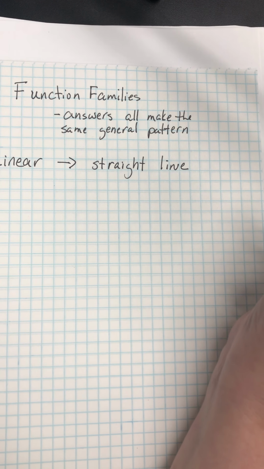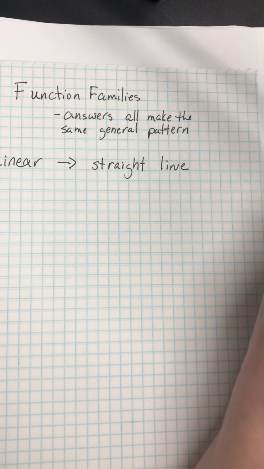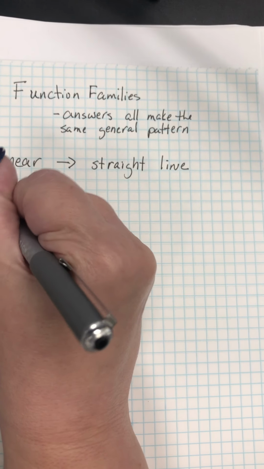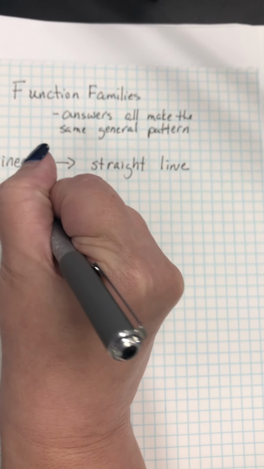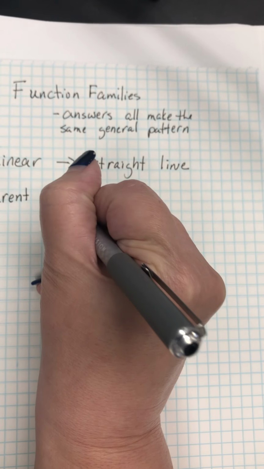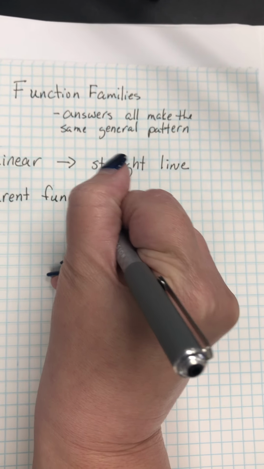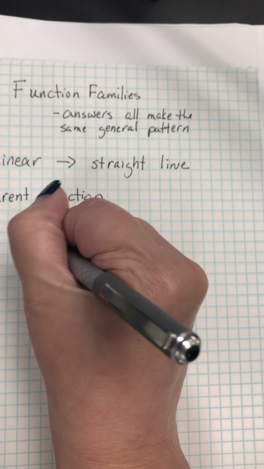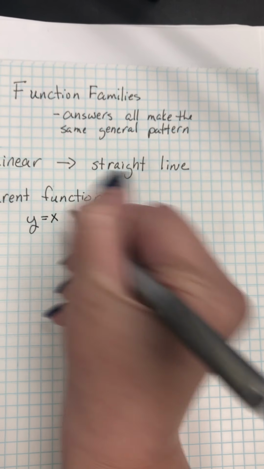When we talk about function families, we often refer to the most basic stripped down version of that equation as the parent function. The parent function for a linear equation is y equals x.